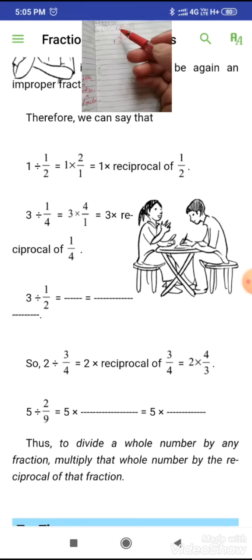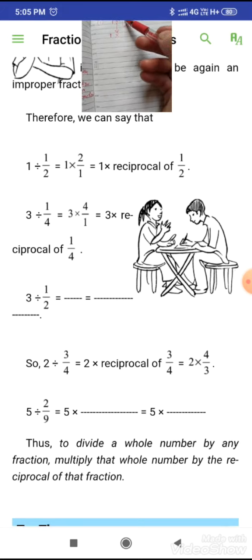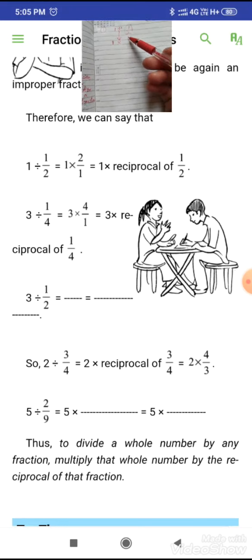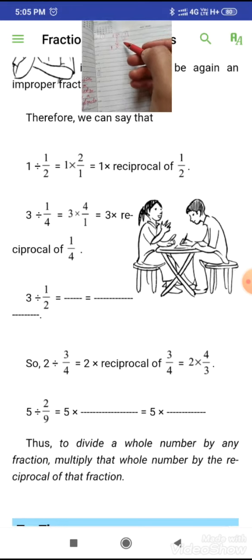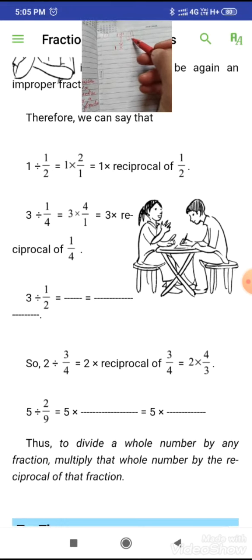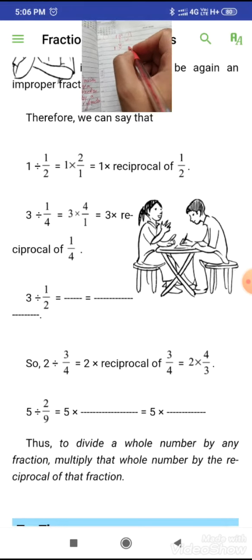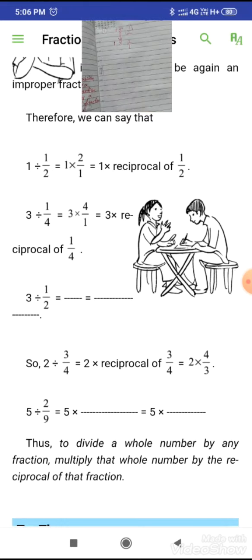So first we convert this division sign into multiplication sign, and then we write reciprocal of this fraction. As I mentioned earlier, that for reciprocal we have to interchange the digit present in the numerator and in the denominator. So here is 2/1 as the reciprocal of 1/2.